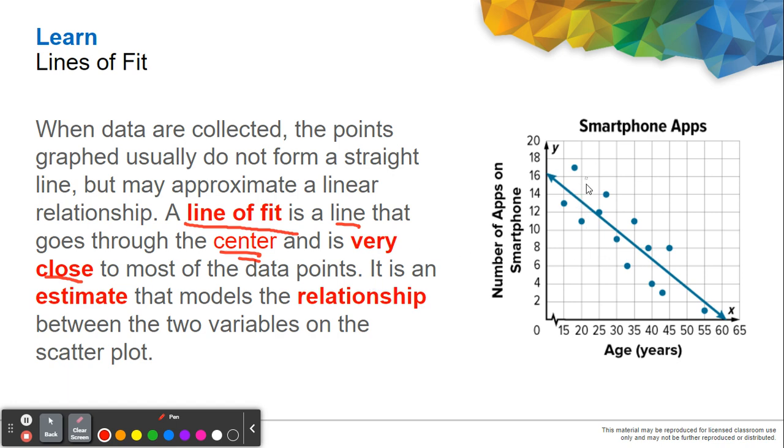As you can see, this one is our line of fit. It is an estimate that models the relationship between the two variables on the scatter plot. If you observe this line of fit, it's actually dividing our data points into two, half of it on one side and half of it on the other side as well. That is what we call the line of fit.